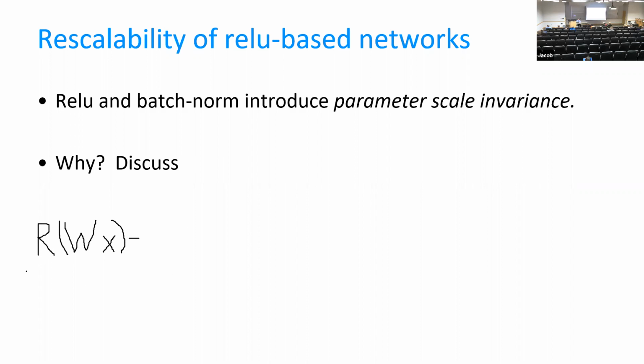And then compare that to the following. We're going to take some constant and scale the output of our layer by that constant. And then inside our ReLU, we will scale by the inverse of that constant.